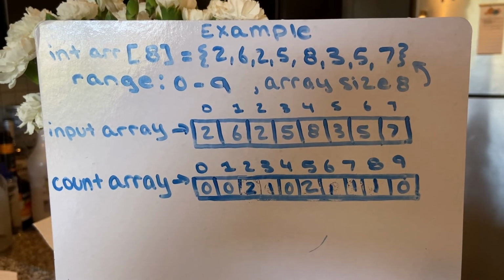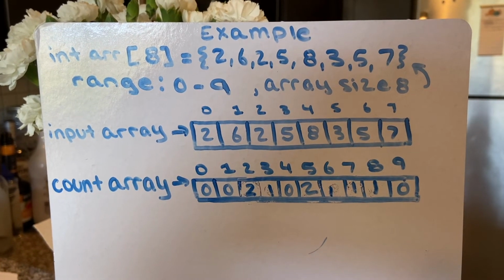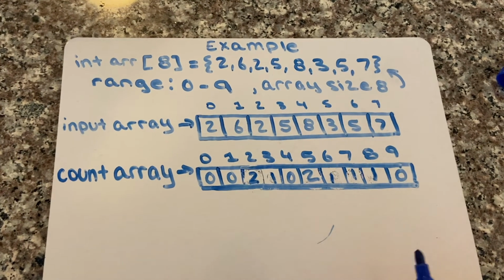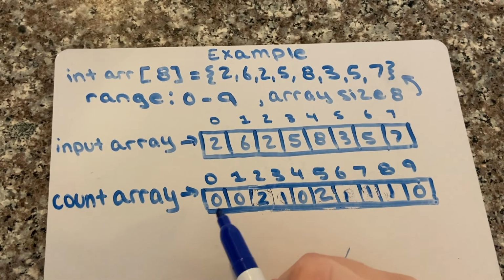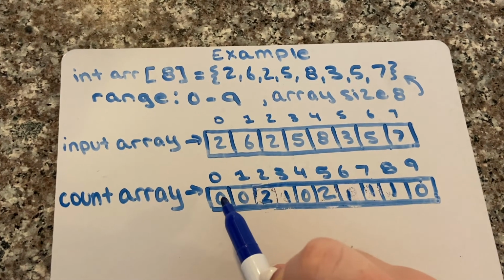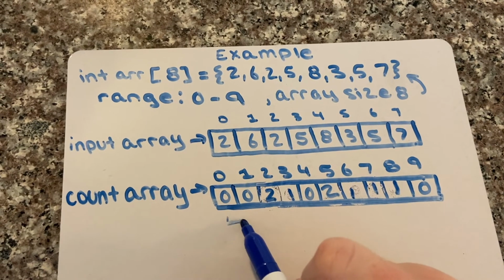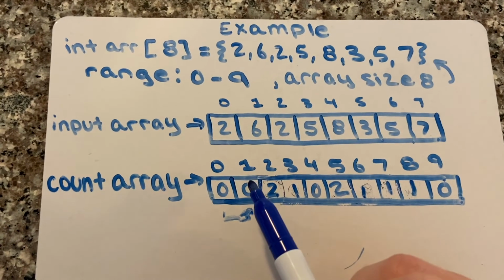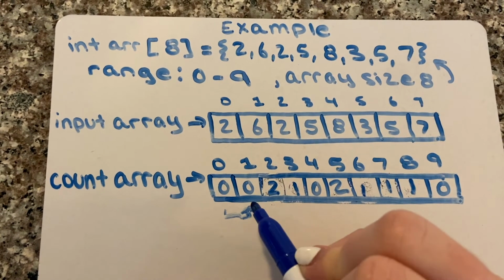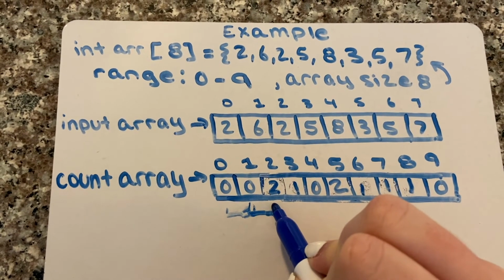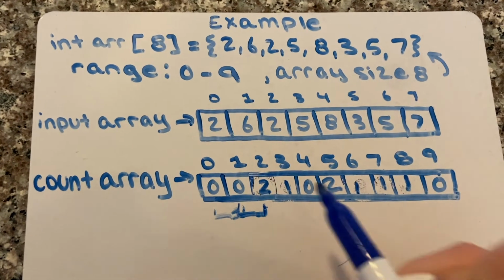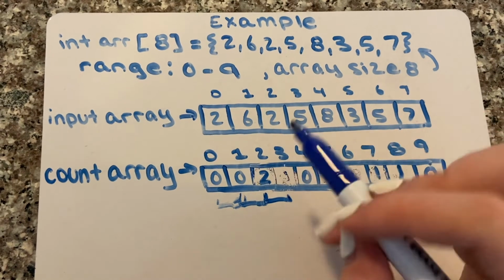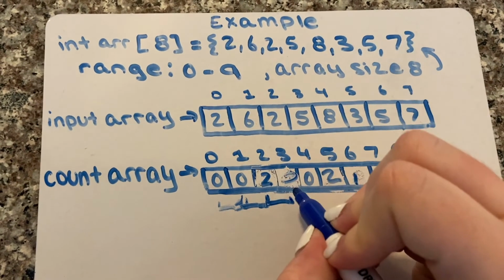Now we'll have to modify the count array by cumulatively adding the previous count. This is where the math comes into our function. So this will always be 0. We go to index 1 and you add 0 plus index 1, meaning you keep that at 0. We move over to index 2, so you take index 1 plus index 2, making it 2 plus 0 is 2. And then you move on. Index 3 will be 2 plus 1, 3.